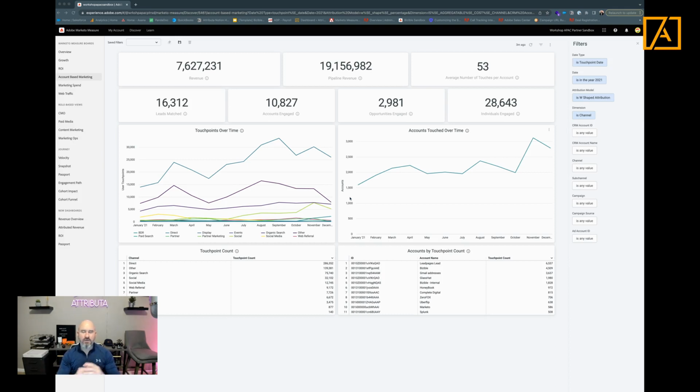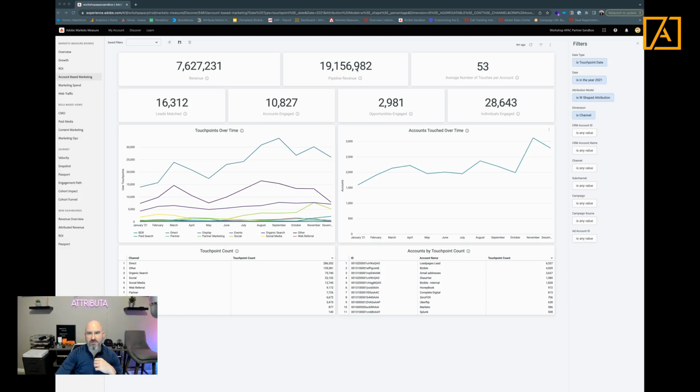Now, the way that this works is you read this from the top down. We're going to go top left to the right, and then go down and go left to right. The first one here is this revenue module. This revenue module is telling you how much revenue, closed won sales, has been driven from touch points that took place in the time frame that we are looking at, tied to accounts.